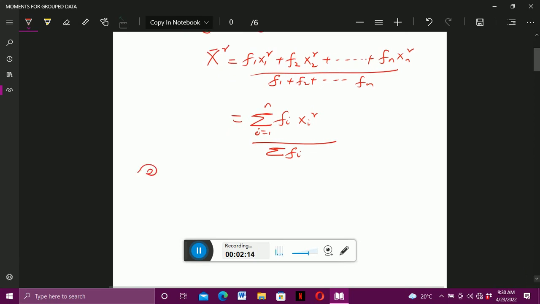So we come to the second one, where we talk about the rth moment about the mean.